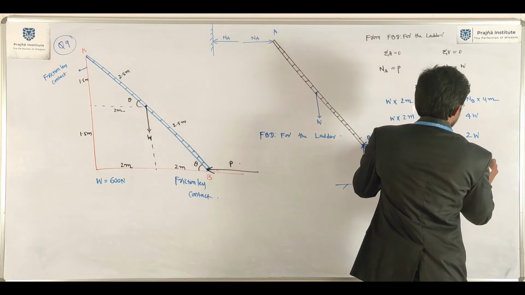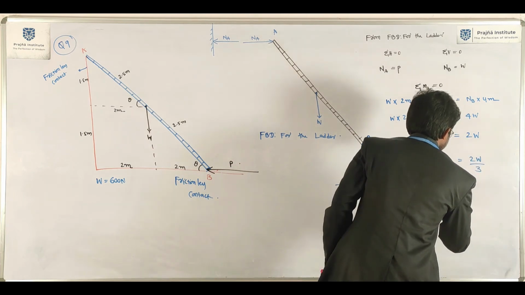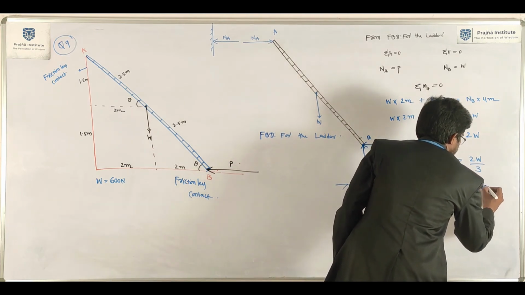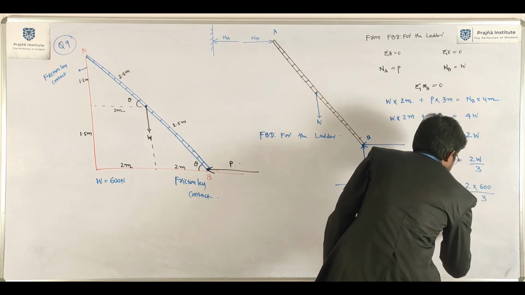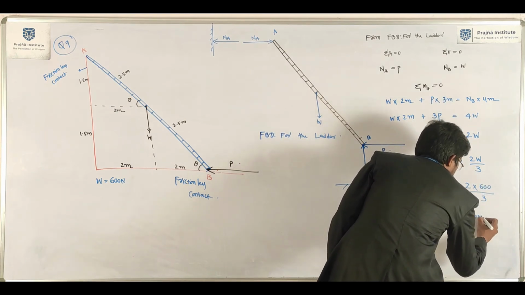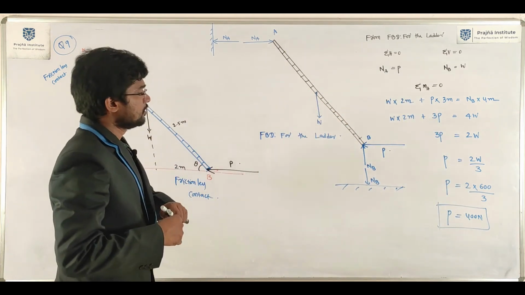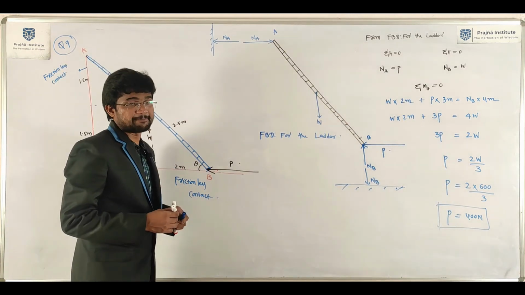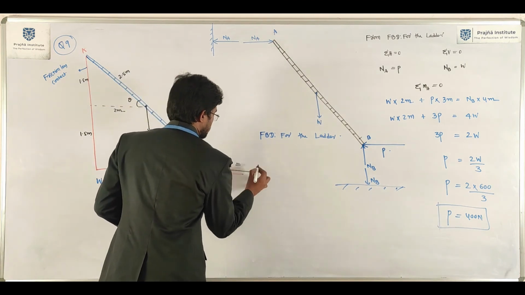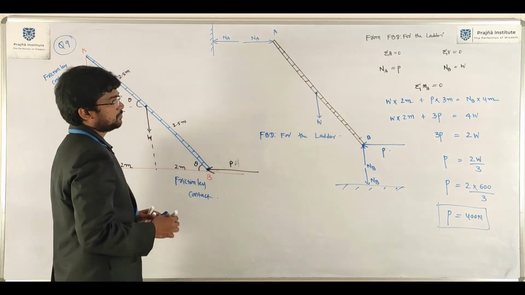P equal to 2W by 3, which is 2 into 600 by 3, 400 Newton. This much force we need to apply to keep the system in static equilibrium.